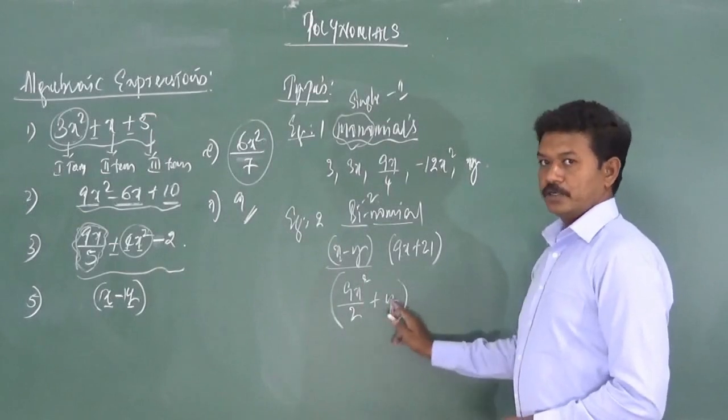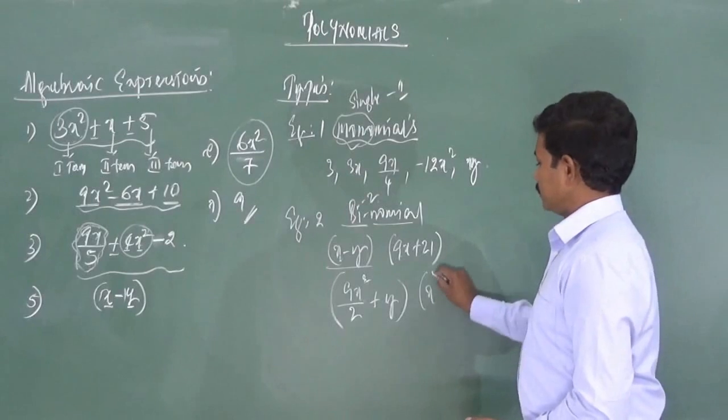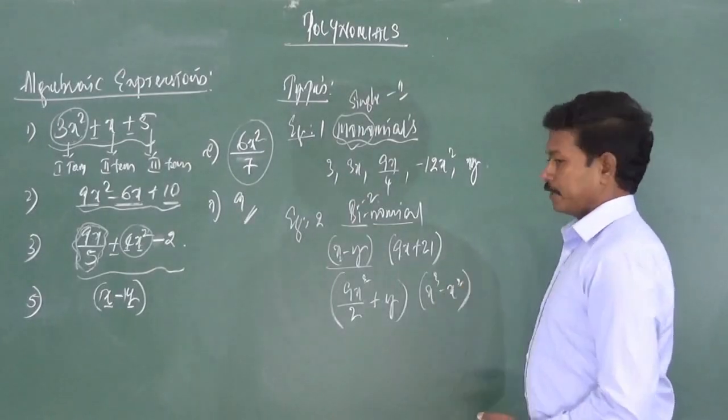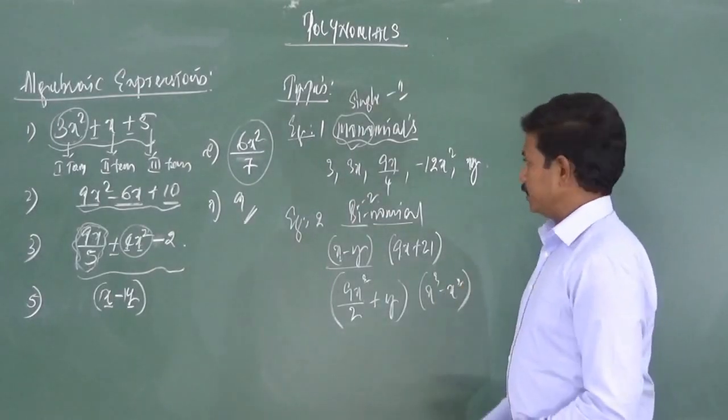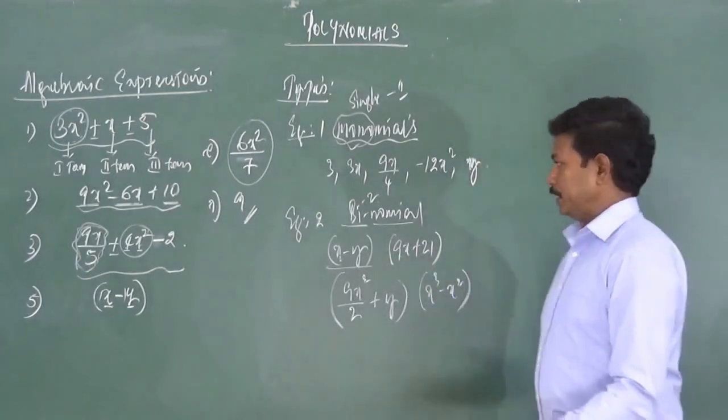A combination of two terms is called a binomial. x cube minus x square is a binomial again. So these are examples of different binomial algebraic expressions.